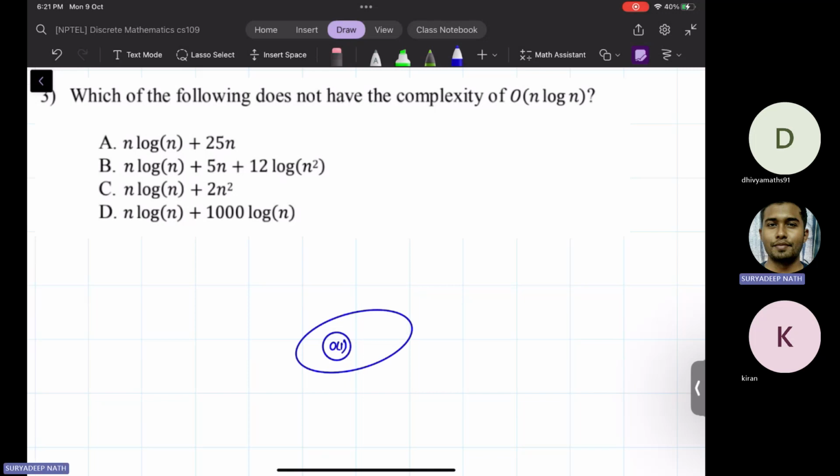That set is O(log n). So log n is less than n.